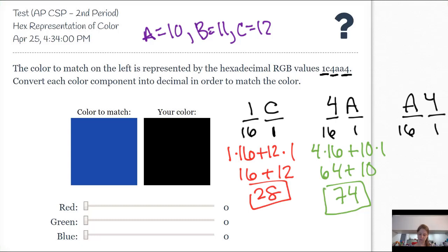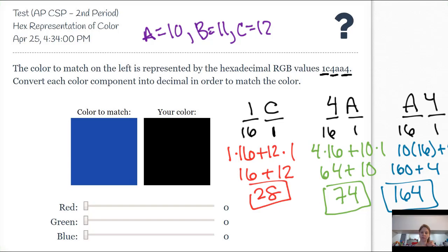In my 16s place value, I have an A, which represents 10, so 10 times 16 plus 4 times 1, which is 160 plus 4, which is 164. So lastly, I need to toggle all those elements. Red is 28, green is 74, and blue is 164.